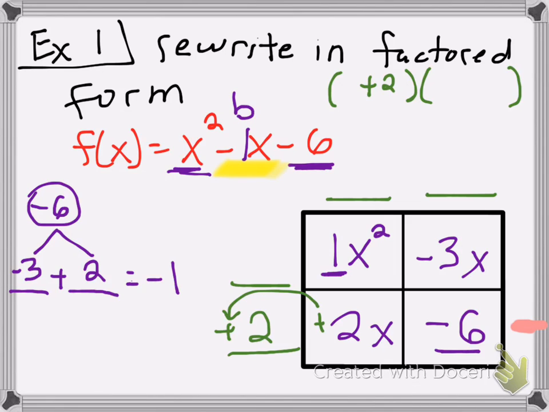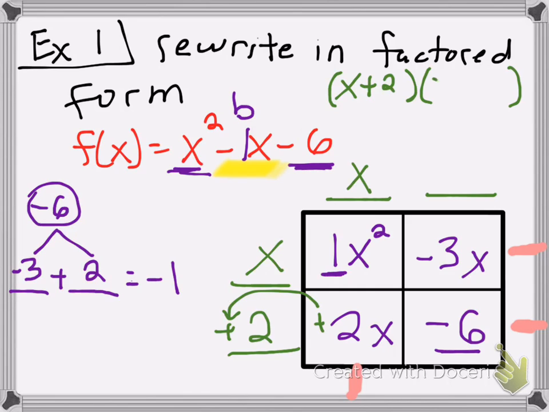Well, let's go ahead and take care of the top row. What do they have in common? Greatest common factor of 1 and 3 is, well, 1. And they both have an x. So there's that x. Okay. Now, let's go to the columns. What does this first column have in common?